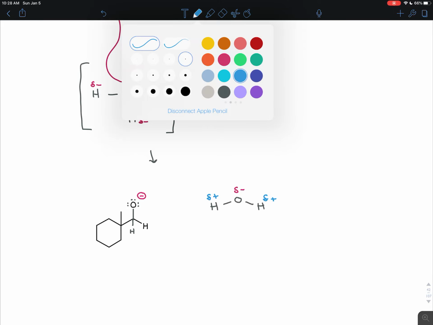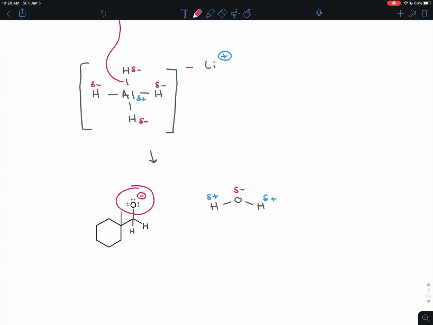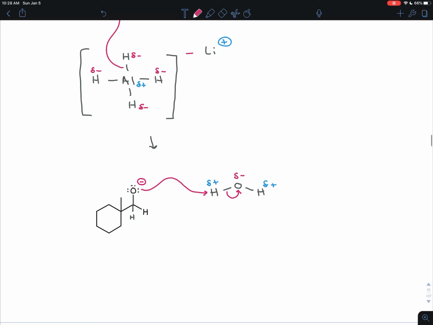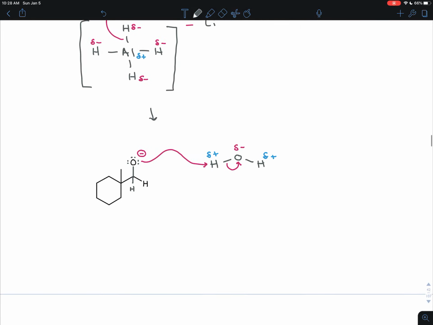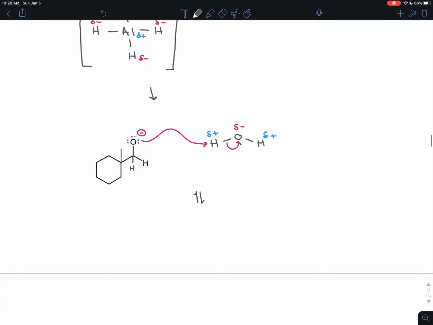So the oxygen here can act as a sort of base and steal one of these slightly positive hydrogens, and the electrons in that bond can snap back onto the most electronegative place nearby, the oxygen of the water. And so what you end up forming after that step is your alcohol.